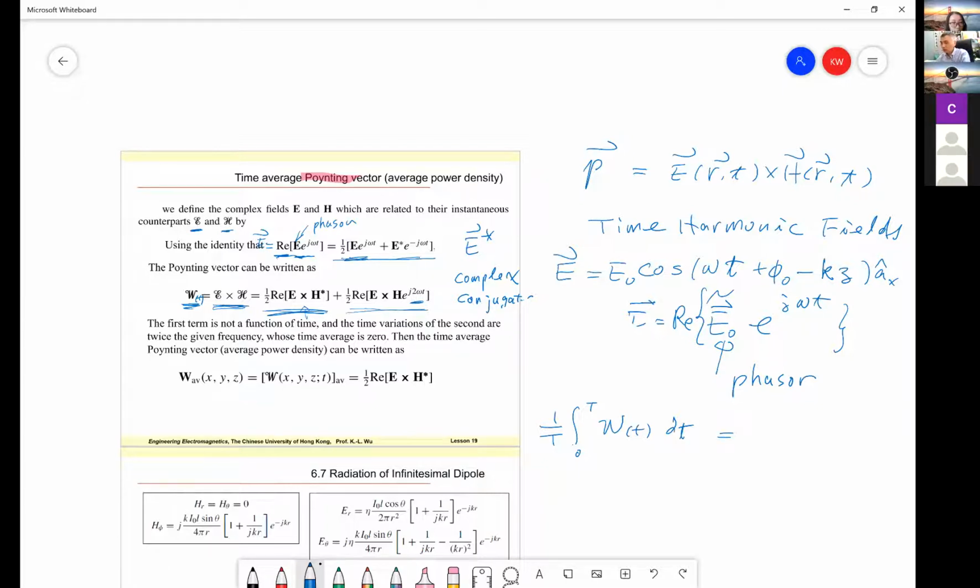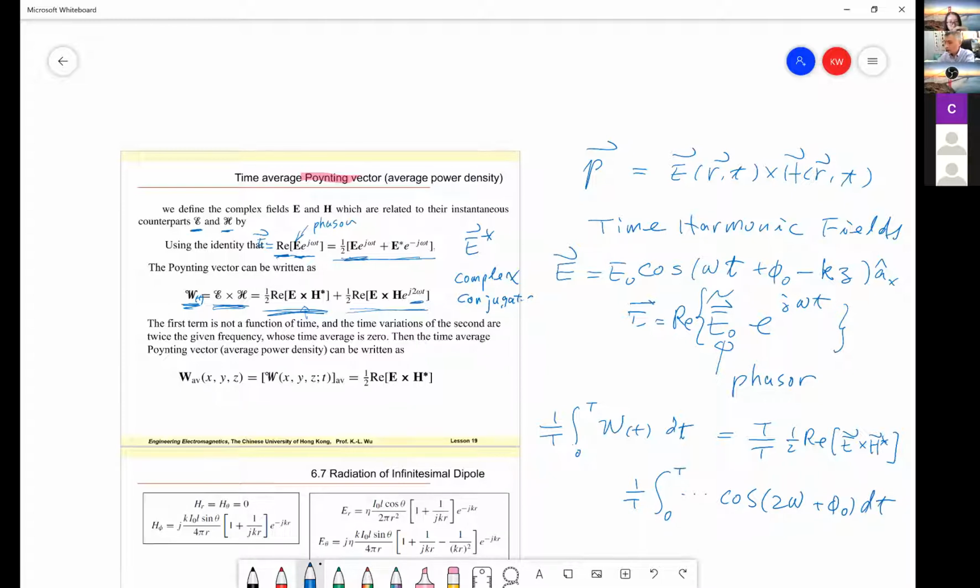So the first term equals T divided by T. The second term, if you want to do the integration, is something related to cosine of 2 omega t plus a constant phase.